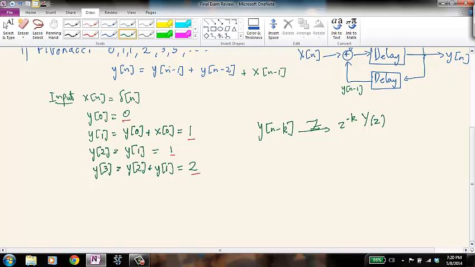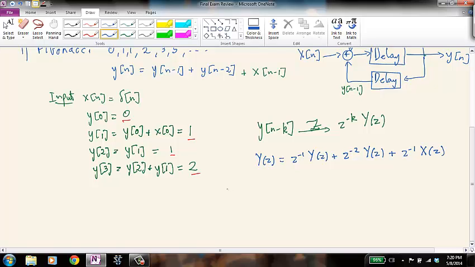So for the recursion that we have here, if we take the z transform of both sides, what you're going to end up with is y of z equals z inverse y of z, that's y of n minus 1, z transform, plus z inverse squared of y of z plus z inverse of x of z.